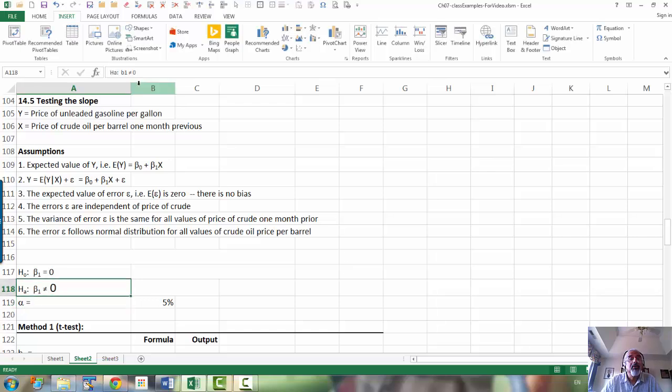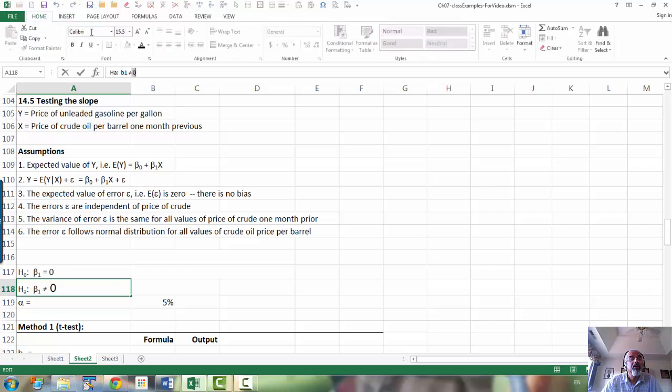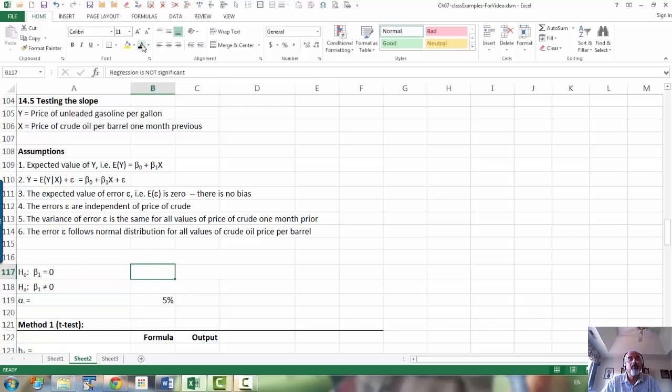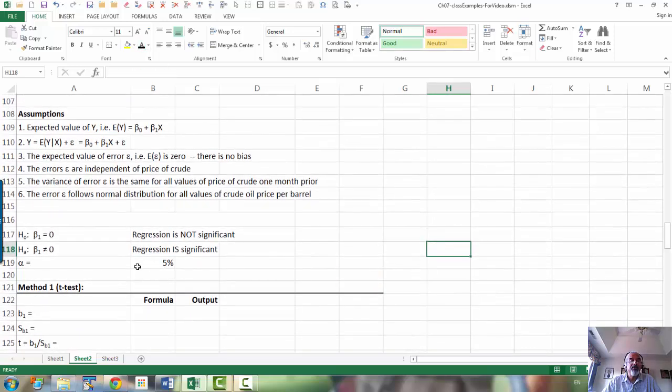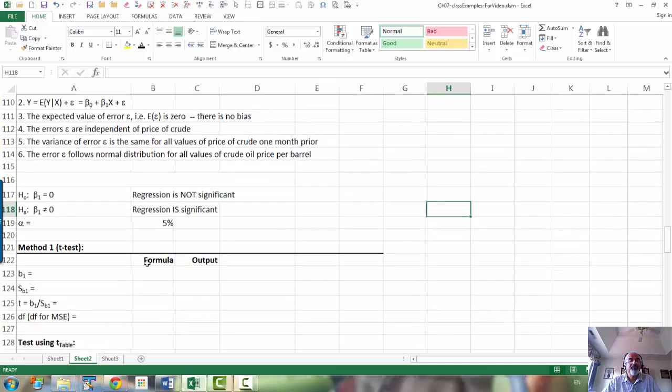Oh, let's change the font here. Now, equal to 0 means regression is not significant. Now, not equal to 0 means the regression is significant. Let's assume 5% alpha value.